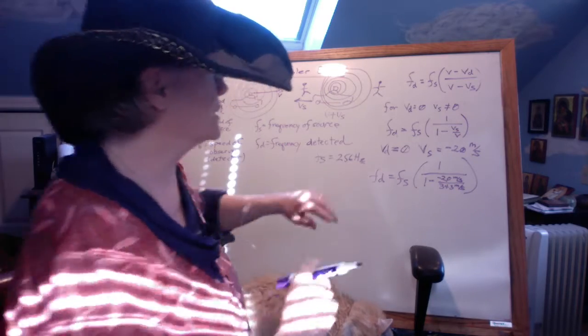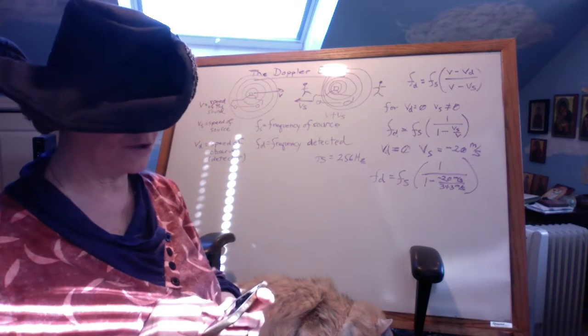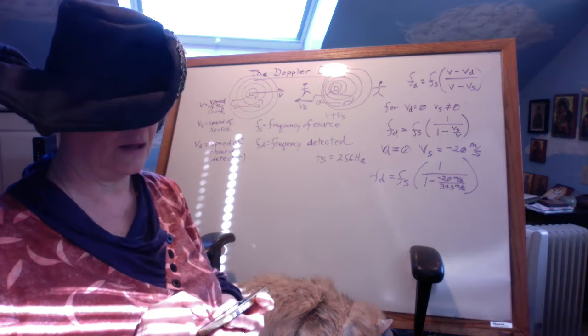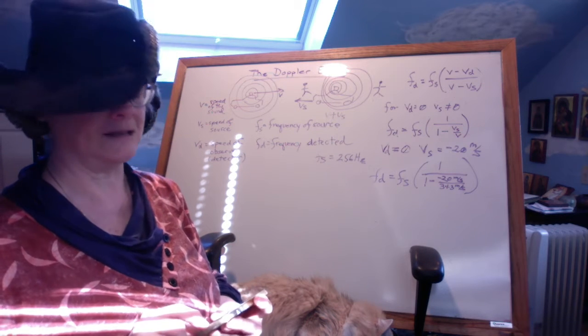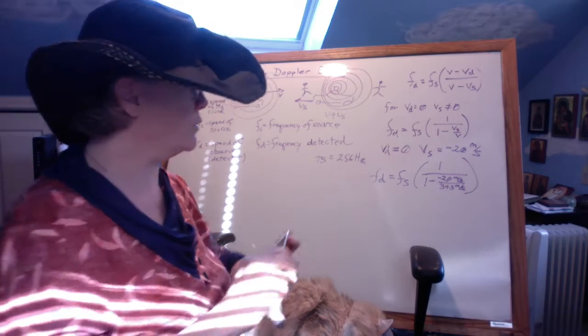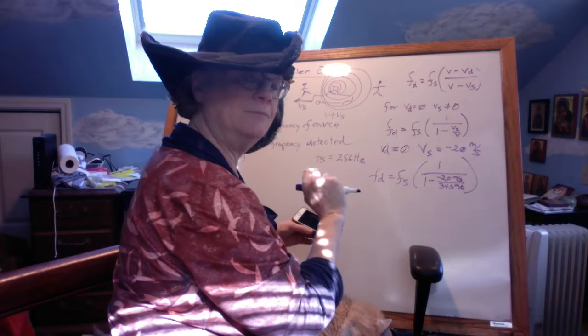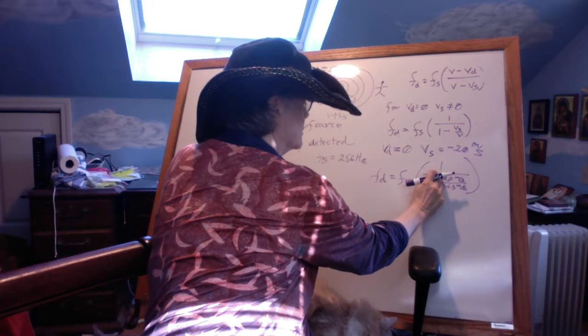All right, so we're going to do this thing, right? So if I multiply this out on my calculator, 20 divided by 343, I get 0.058. All right, now I'm minus a negative number, right? So that means I'm adding that number.